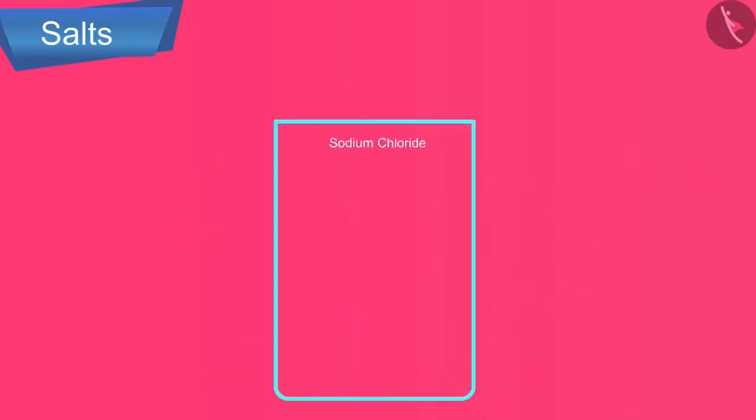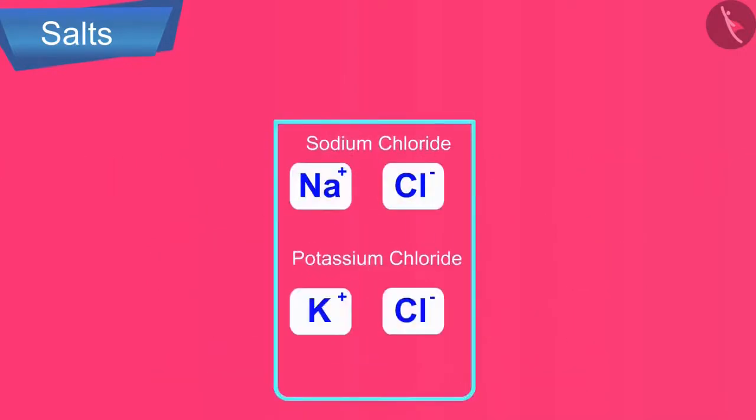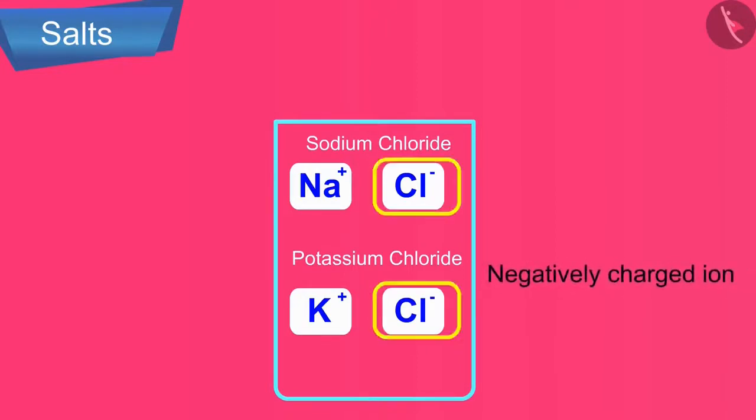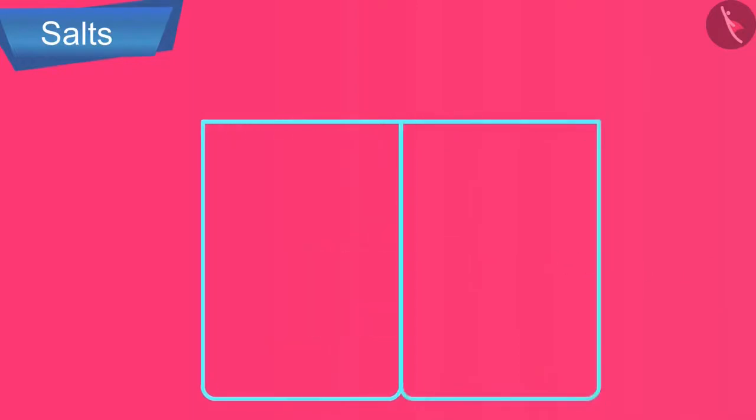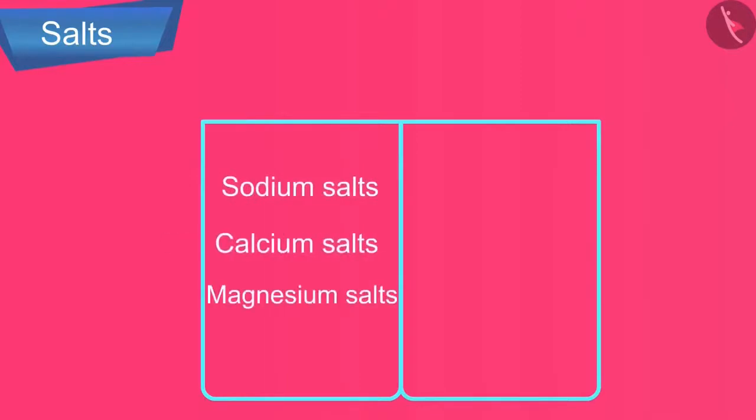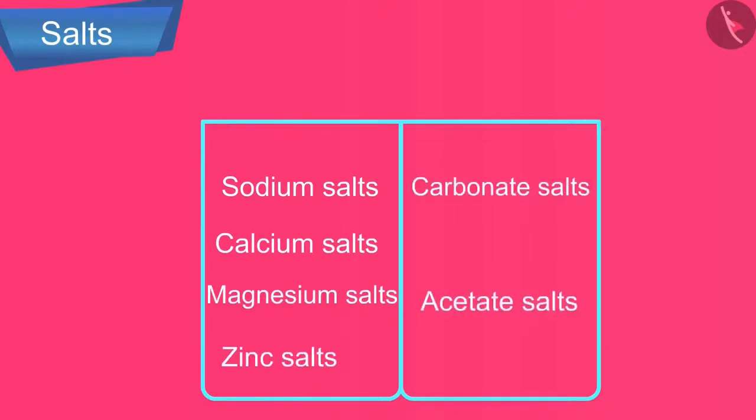Similarly, sodium chloride and potassium chloride belong to the same family because they have the same negatively charged ion, that is, Cl- ions. Some of the important families of salts are sodium salts, calcium salts, magnesium salts, zinc salts, carbonate salts, and acetate salts.